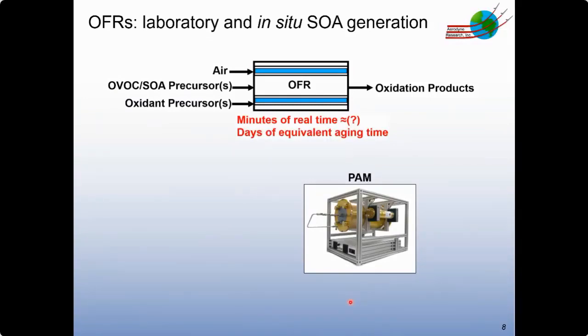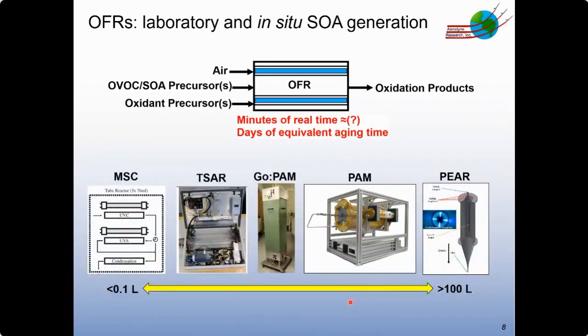The PAM OFR is the OFR that I'll be talking more specifically about in this presentation, but you should be aware that this is one of many OFRs that now exist in the community. These are often custom home-built instruments. They span almost as wide a range of volume as do chambers, with the smallest that I've chosen to show here, the microsmog chamber, a volume of less than 0.1 liters, to the largest, the photochemical emissions and aging reactor made by a group in Finland that is about 140 liters.